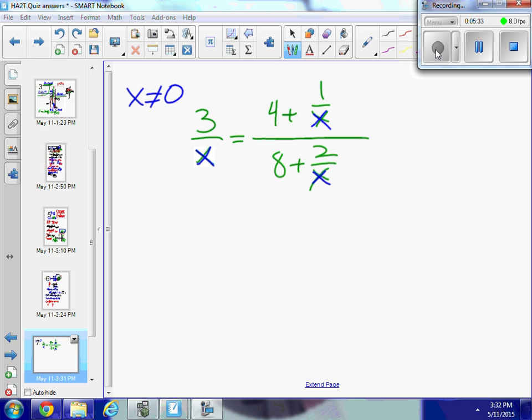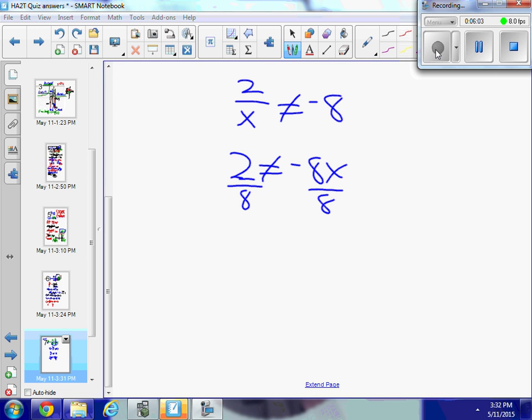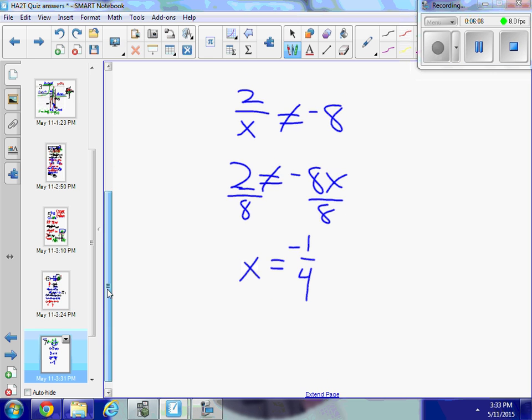The other thing I need to look at is this denominator here. 8 plus 2 over x also cannot be equal to 0, because if it is, I'll have 0 in a denominator. Which means that 2 over x cannot be equal to negative 8. 2 cannot be equal to negative 8x. Divide both sides by 8. x cannot be equal to negative 1/4.